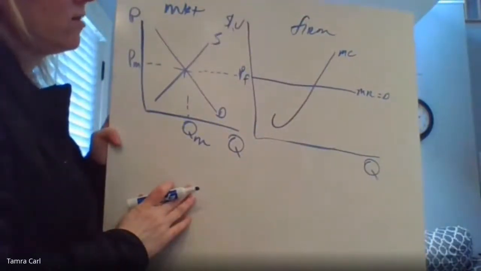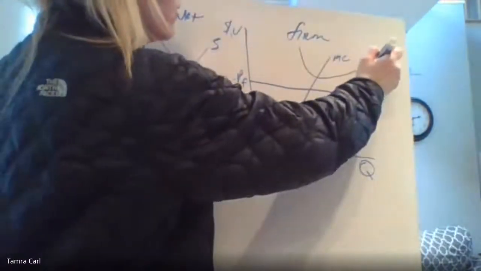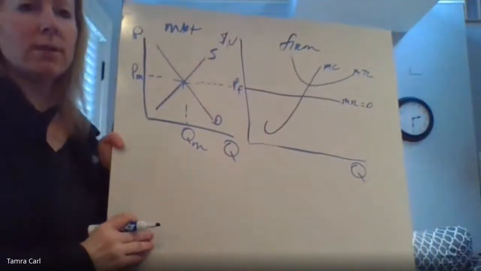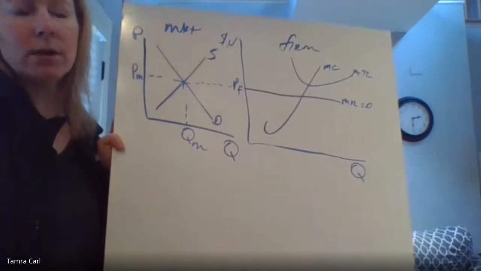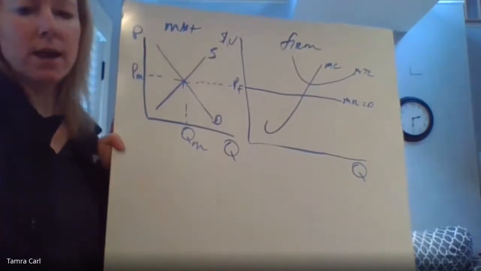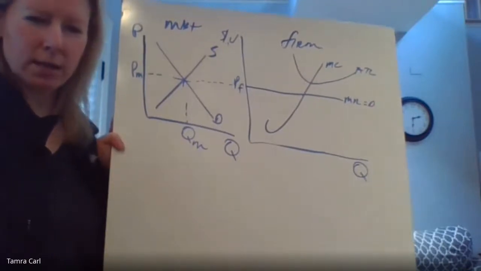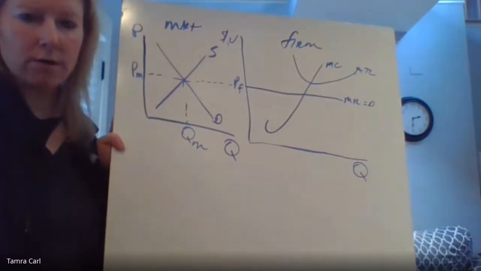And so now I'm going to show it with my ATC up here. Right? So what you need to do when you're thinking about the perfectly competitive is you need to be able to put in the quantities that go along with this, the price, and then also if they were to ask how things change with regard to the long run.